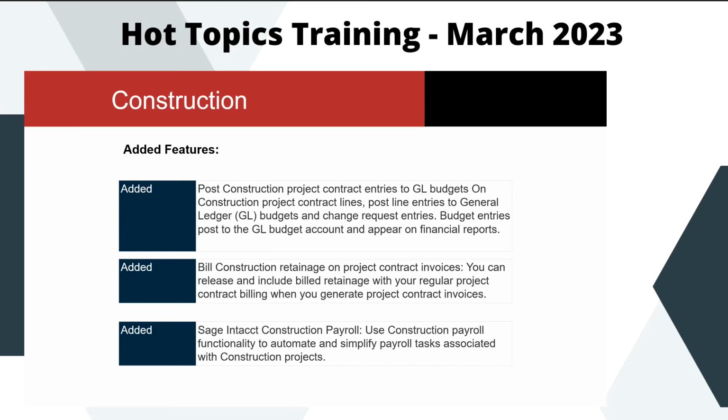Post construction was added for contract entries to the GL budget on the construction project contract line. You can now create, associate, and post construction project contract price entries to the GL ledger budget. After associating that budget with the project contract, you can include the GL budget entries on your financial reports.